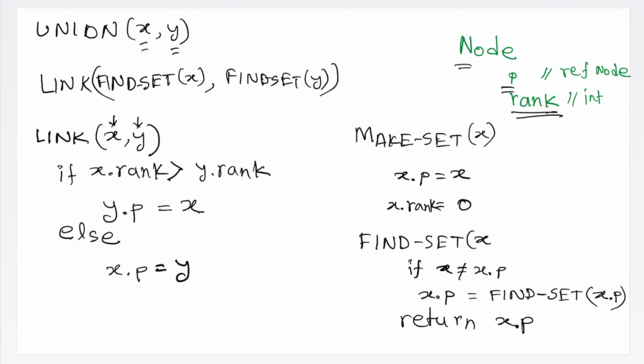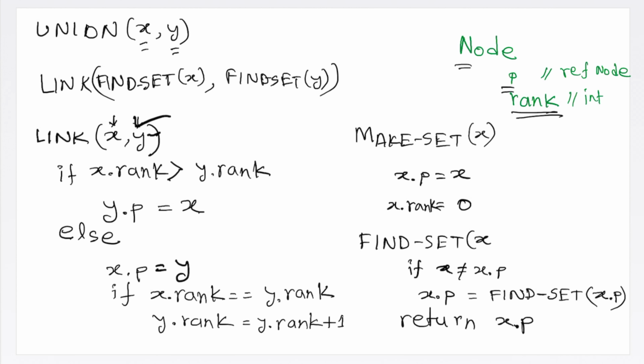If x has equal rank, then also we are making the second parameter the parent of x. Now one thing we have to do: if x has a smaller rank than y, then we don't have to change the rank at all. But if x and y have equal rank, then we have to make sure that the rank of y is increased by 1.